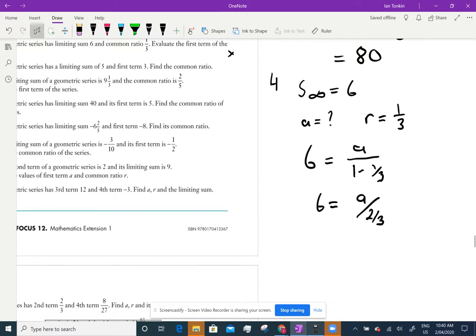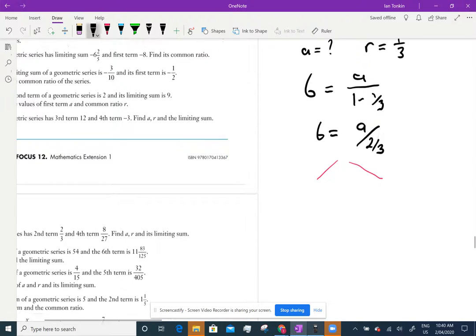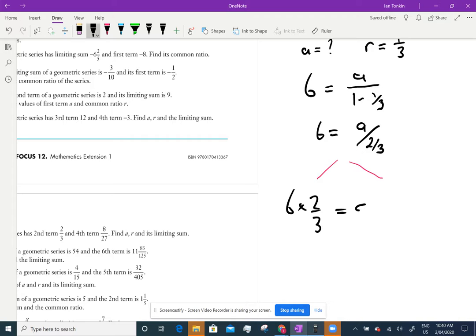Now, there are two ways to think about this at this point. I'm going to show you the way that I would do it. I'm just going to multiply that 2/3 across. So I'm going to get 6 times 2/3 equals A. And that's going to be 4.